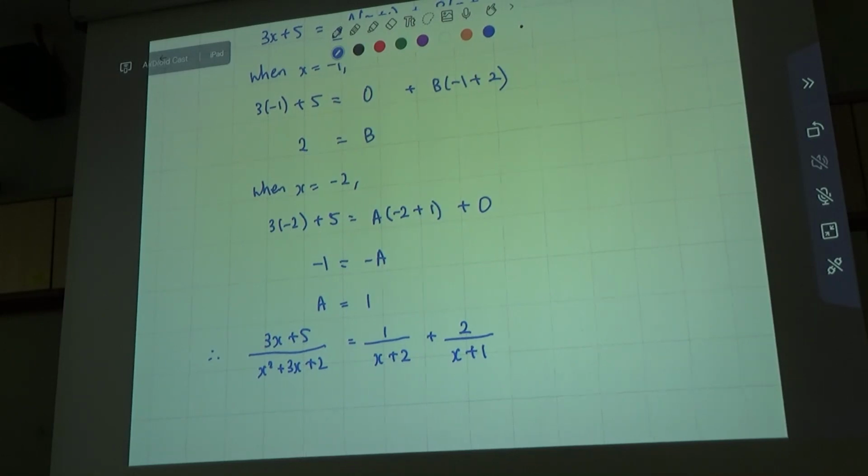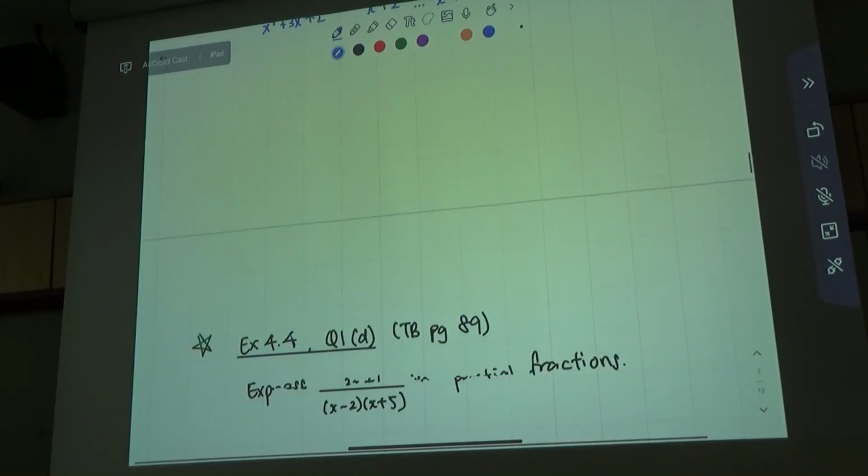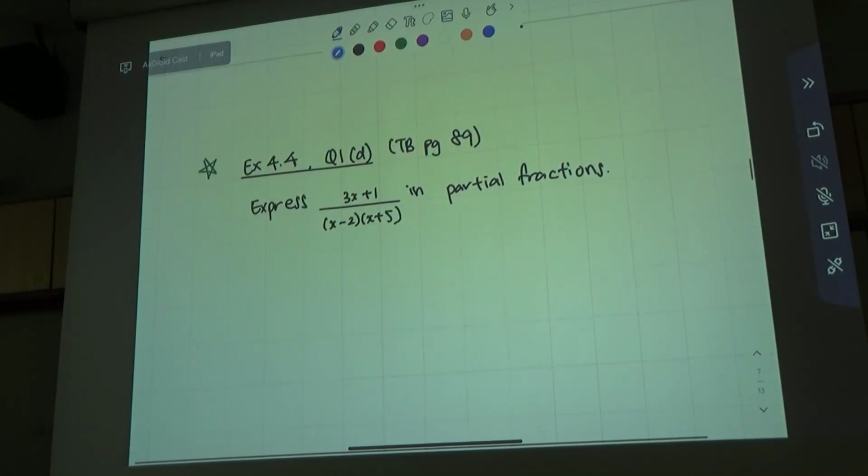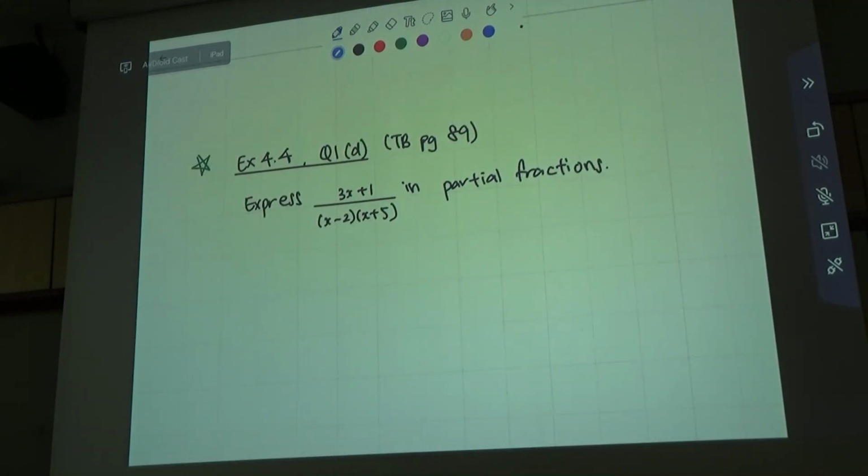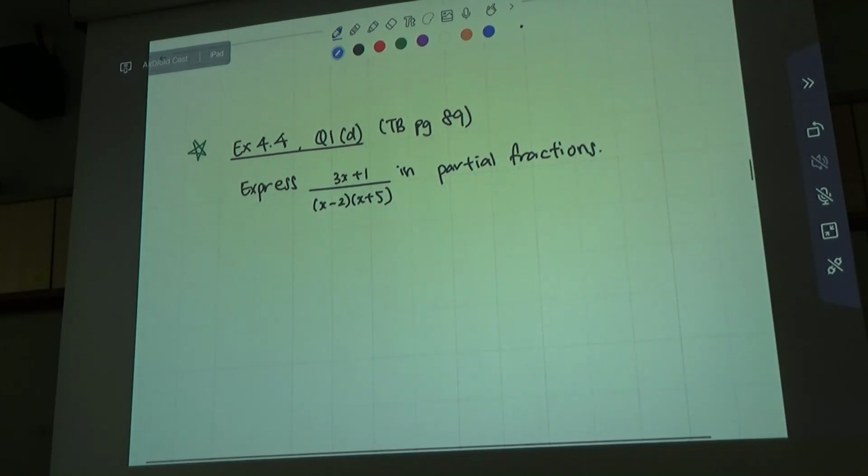I'm mindful of time, so I will not give you time to do a little bit of practice, but I would like us all to take note of question 1D. I want everyone to go back home and try it in your notebook. For 304, your next relief teacher will go through this question. And for 301, when I see you next week, I will go through this question.